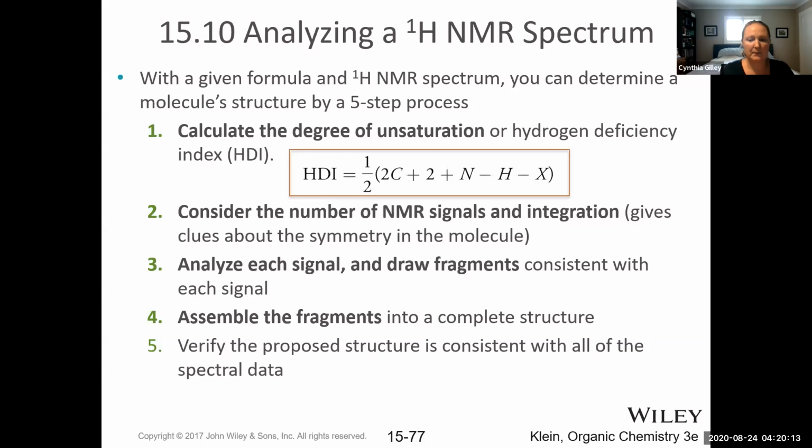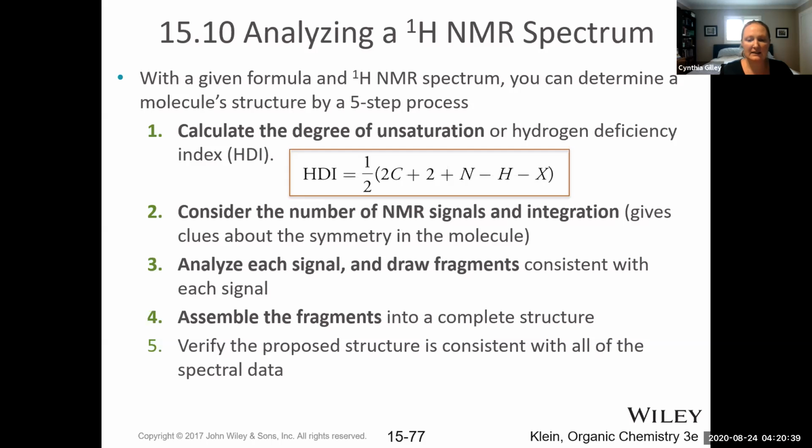And if it's more than 3, then perhaps there's an isopropyl or a tert-butyl or something. I would consider some of those characteristic patterns we talked about earlier. So start by analyzing the signal, look at the integration first, and draw a little fragment like a CH2 or a CH3 based on the integration.